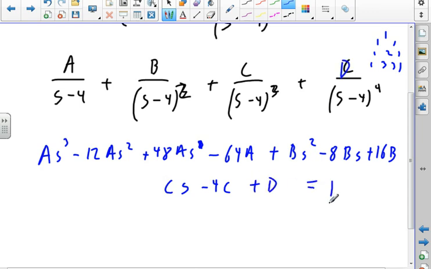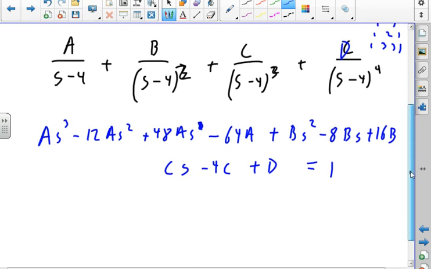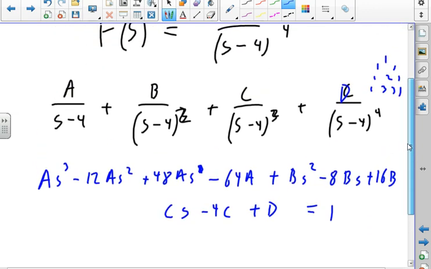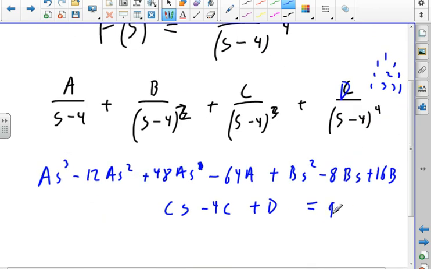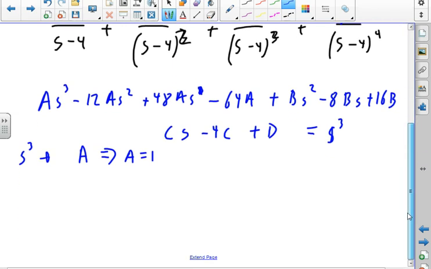And that's supposed to equal 1. No, it's not. It's supposed to equal s cubed. Okay, so I look at the s cubed guy, and I have an a, implying that a is 1. Oh, look at that. We actually got a number.